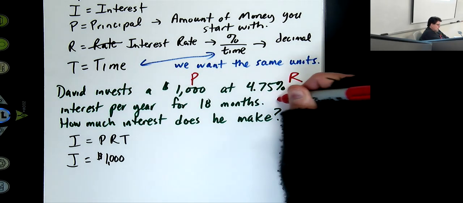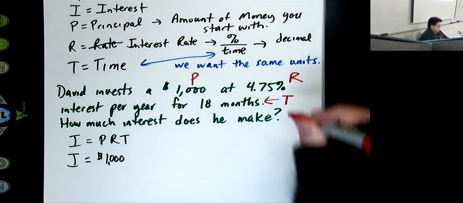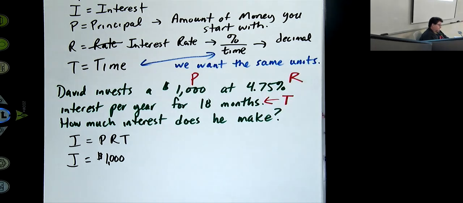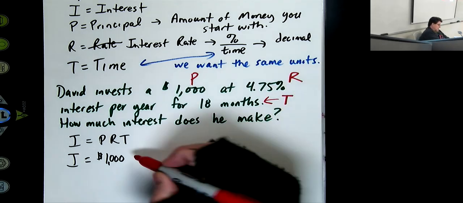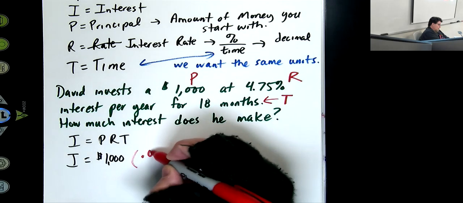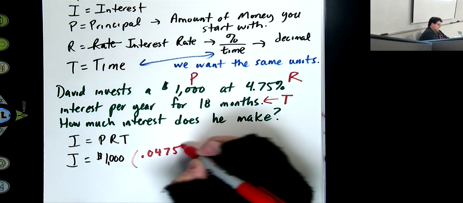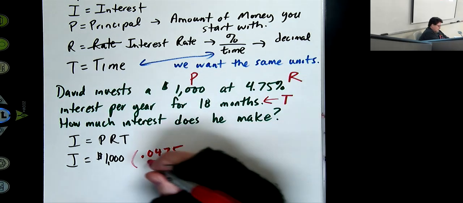And T is how long he's investing, so that's 18 months. .75 as a decimal is 0.0475, and that's over 1 year.